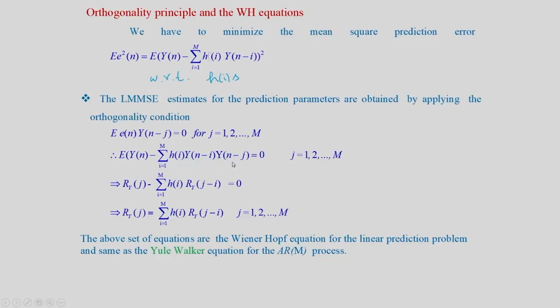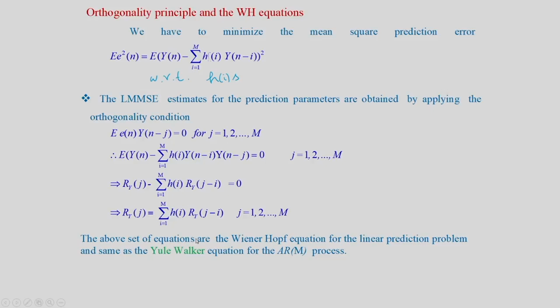By applying the orthogonality condition, we get this expression. And if we take the expectation, we will get r_y(j) minus summation h_i into r_y(j minus i), i going from 1 to m, and that must be equal to 0. Which will give you r_y(j) equal to summation h_i into r_y(j minus i), i going from 1 to m, and we will have m equations corresponding to j equal to 1, 2 up to m.